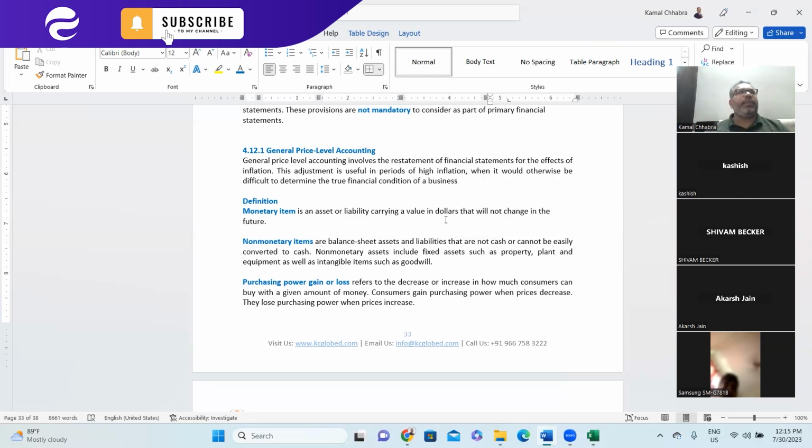For example, in case of deflation, right? If you remember, in 2016, I think there was a demonetization of the currency. Do you remember 8th November 2016? Yes, sir. So there was a demonetization of currency.